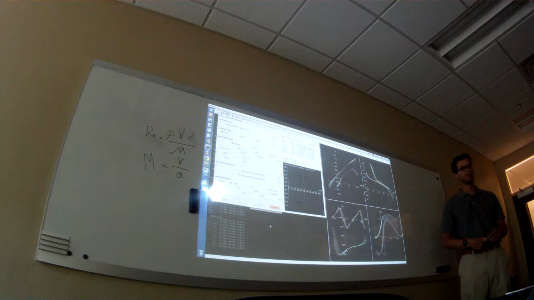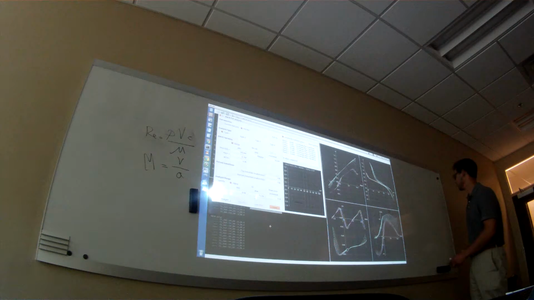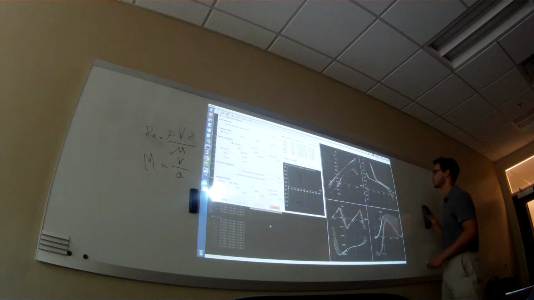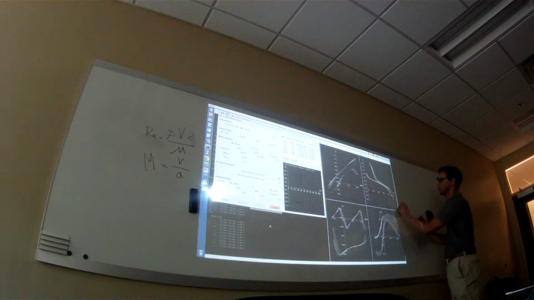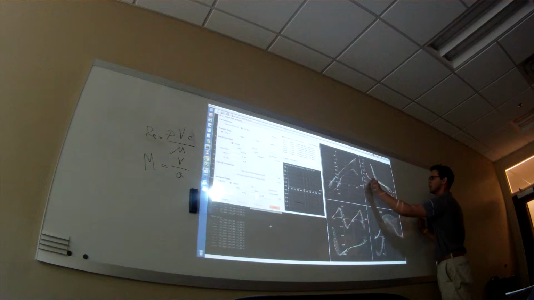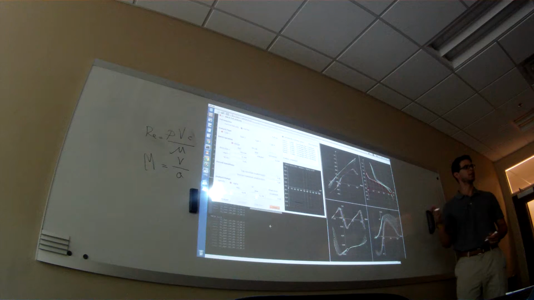Can you explain the bottom left one? Oh, the CM, the pitching moment curve. So do you remember in structures, if I have a beam like this, attached to the wall, and this is a distributed load like this? What do you always do to a distributed load?